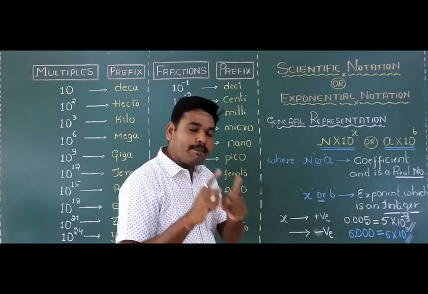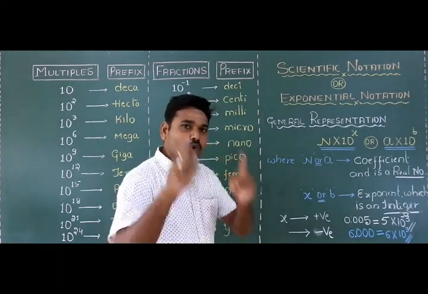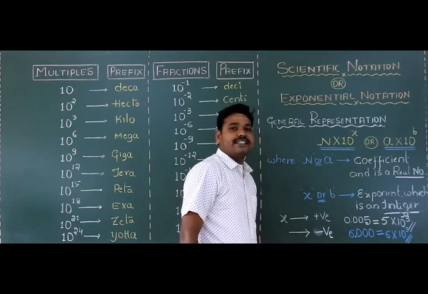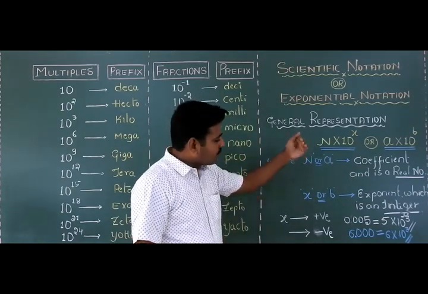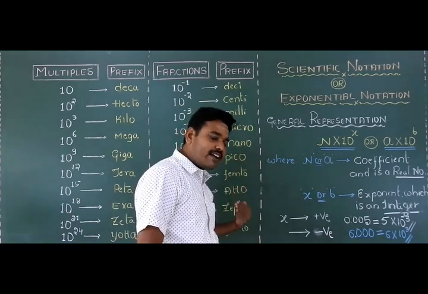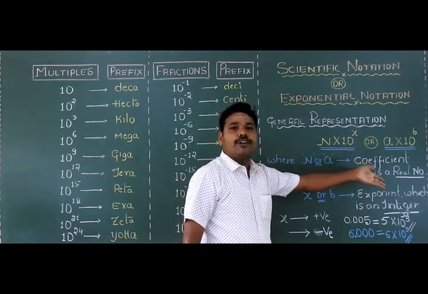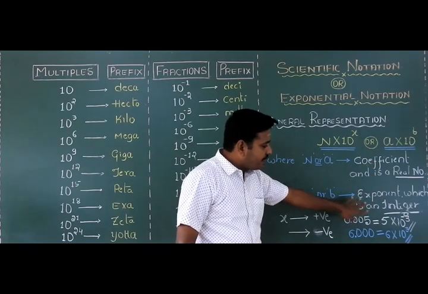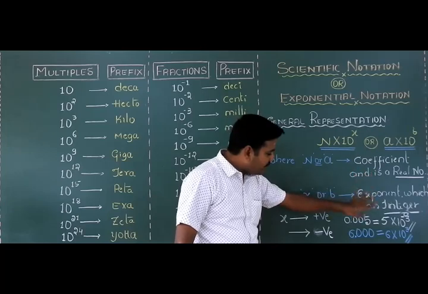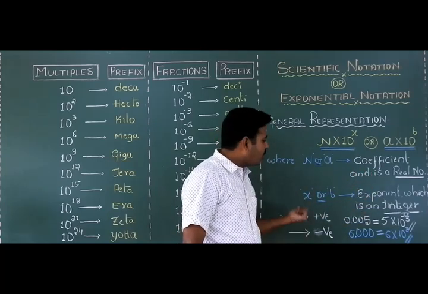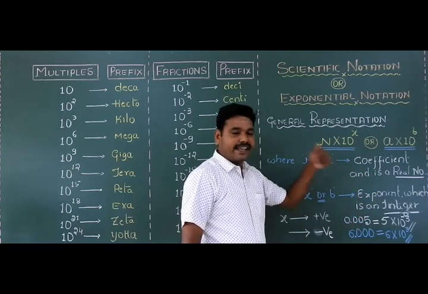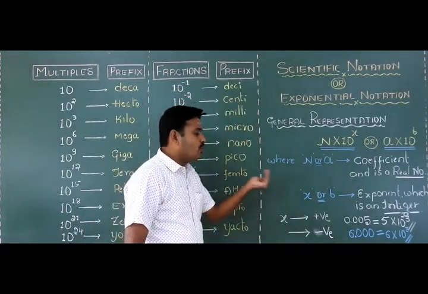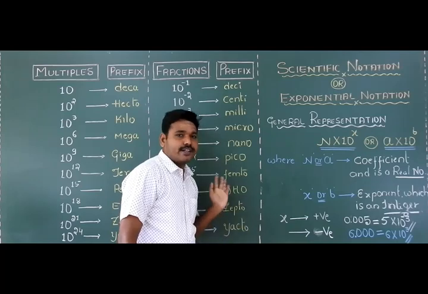And always while representing the scientific notation, count the number of digits and then shift the decimal point, either towards the left hand side or towards the right hand side. The exponent becomes negative only when we shift the decimal point towards the right hand side, and the exponent becomes positive when we shift the decimal point towards the left hand side, students.